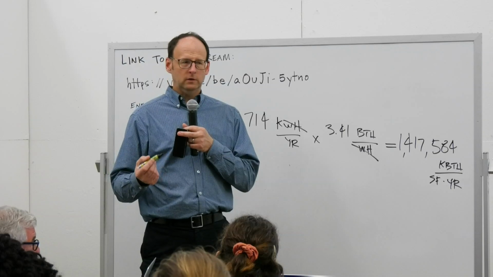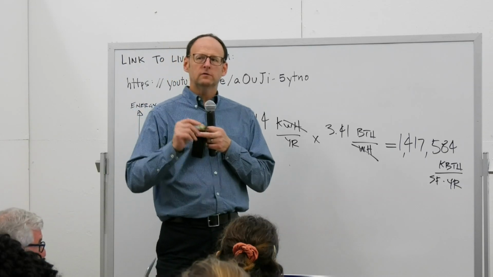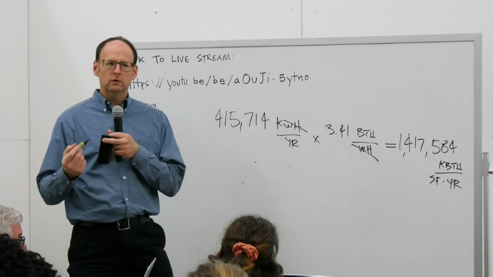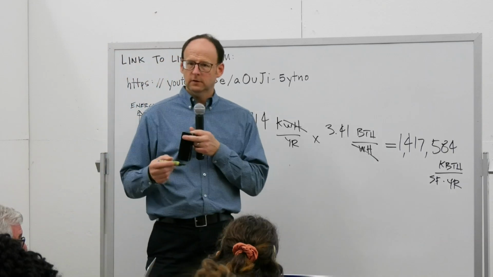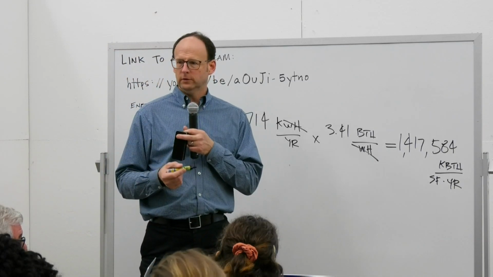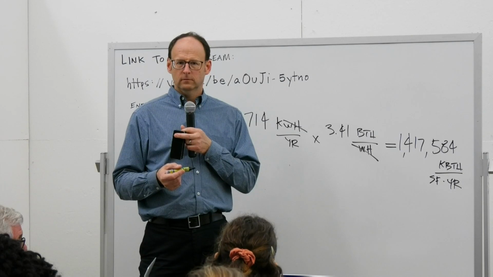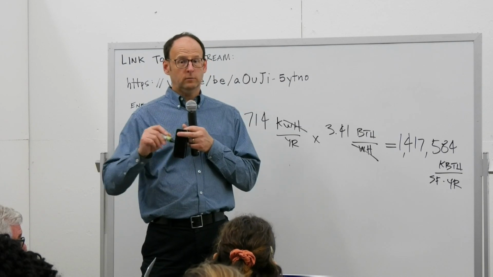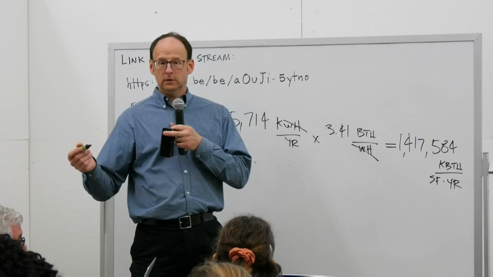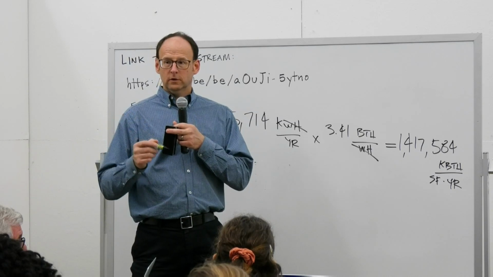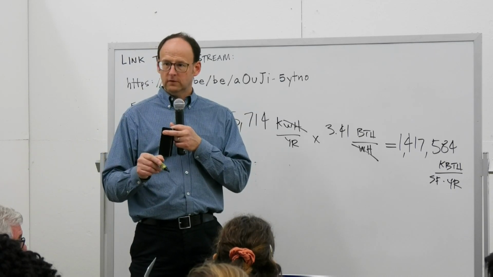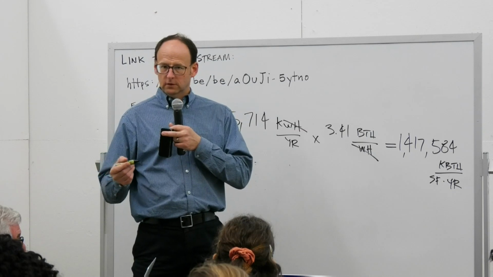Now, we need a number for size, because what we had was energy intensity per square foot. Do we know the size? Pete gave us this. What is the square footage of our building? That was the area for the PV. The area of the building, 20,000 square feet exactly.